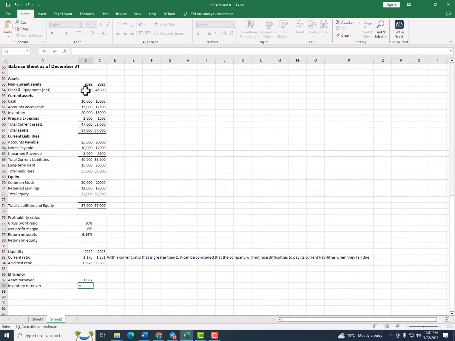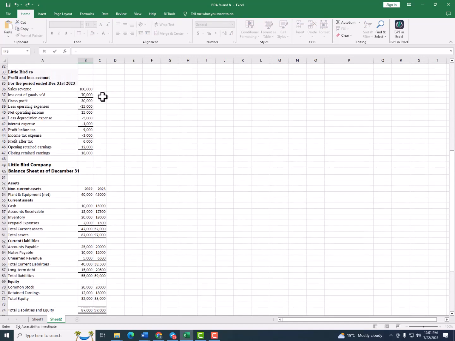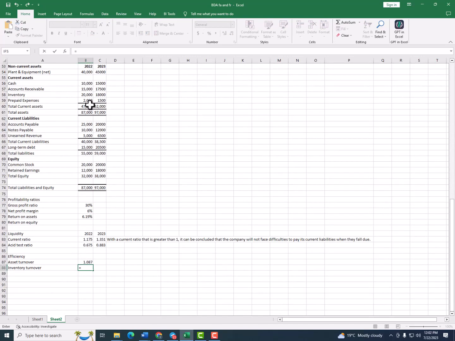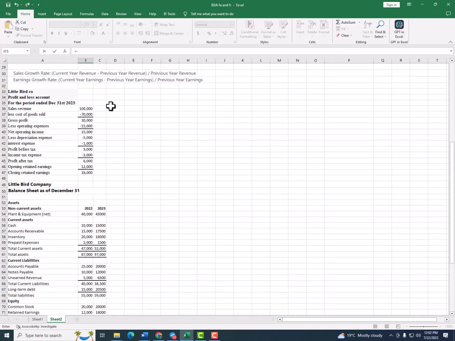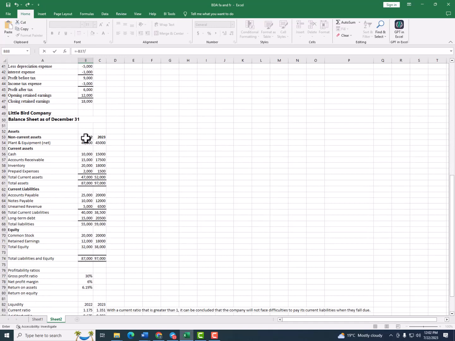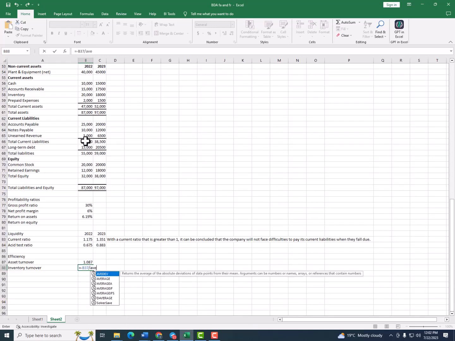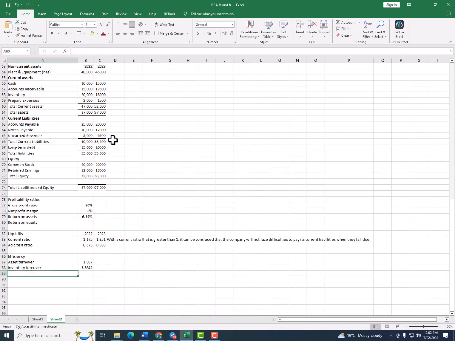So equals, and our cost of goods sold here is in negative, so we introduce a negative sign to bring it back to positive. Cost of goods sold divided by average inventory. So right, average, open brackets, and then you come here where the inventory is, highlight that, which is B58 to C58, close brackets, hit enter. We have an inventory turnover of 3.6845.